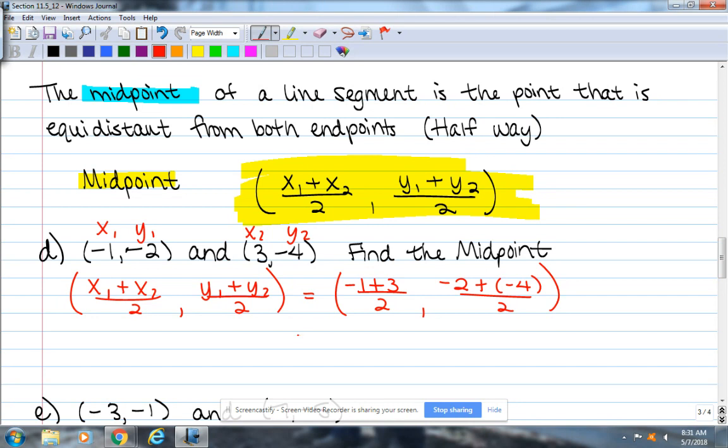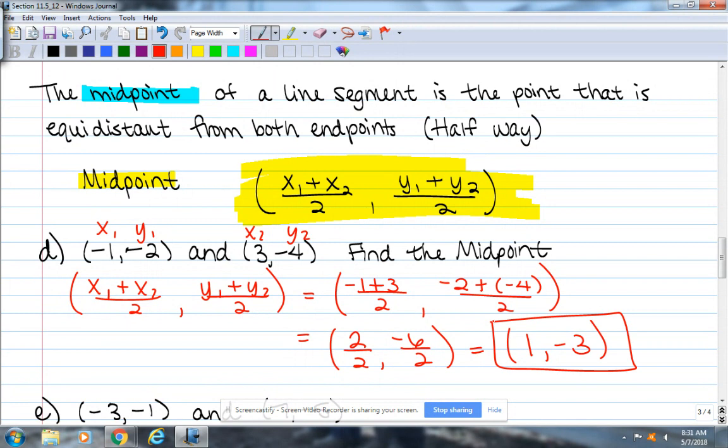All right. What is negative 1 plus 3? Positive 2 over 2. And negative 2 plus negative 4 is negative 6. So the last thing I have to do is divide them both by 2. What's 2 divided by 2? Comma, what's negative 6 divided by 2? So the ordered pair for my midpoint is 1, negative 3.